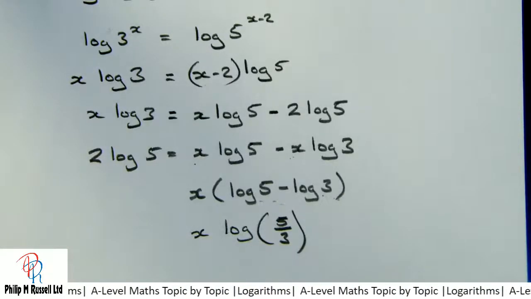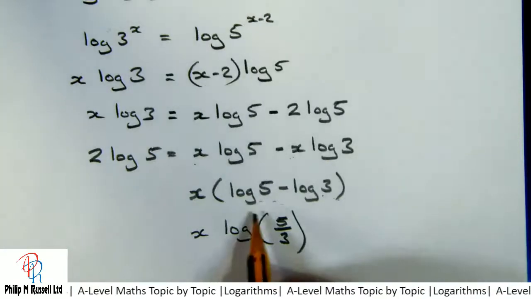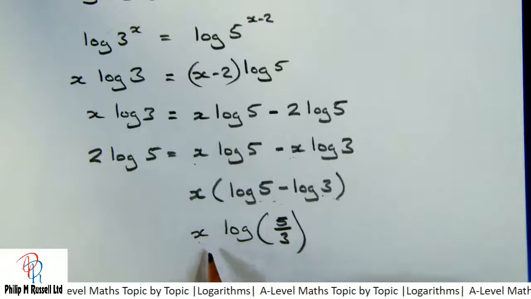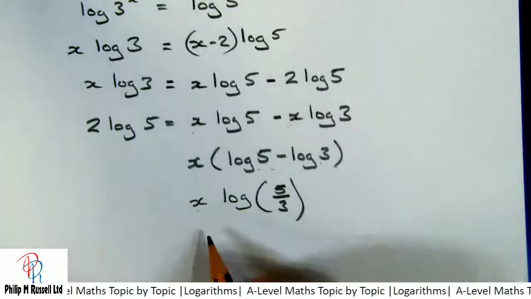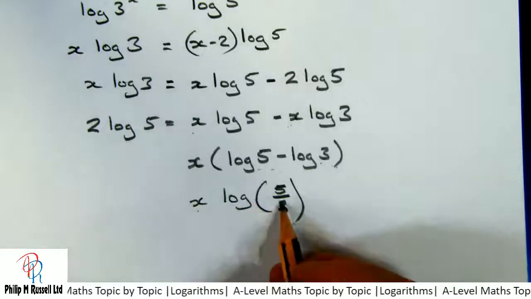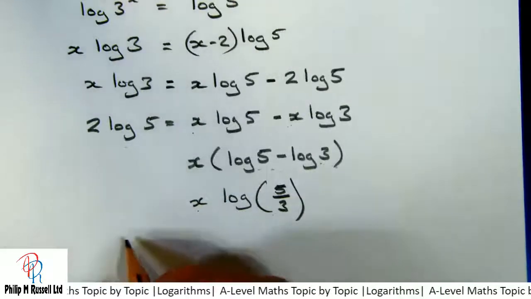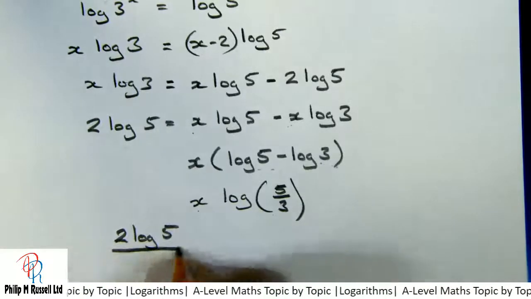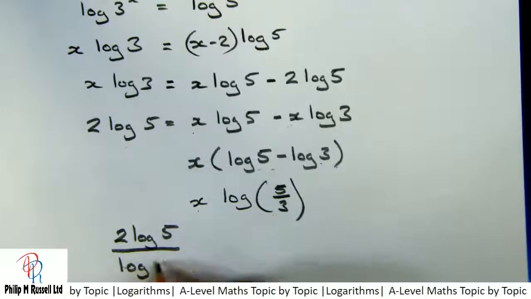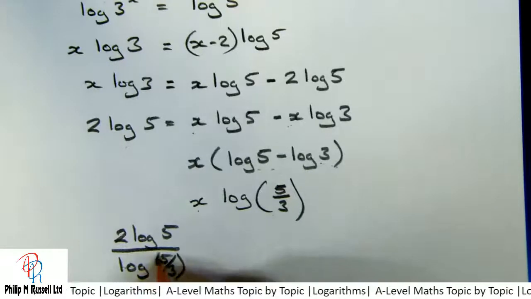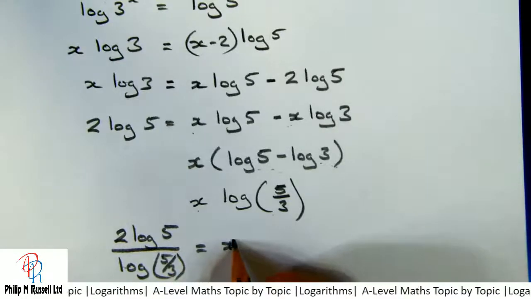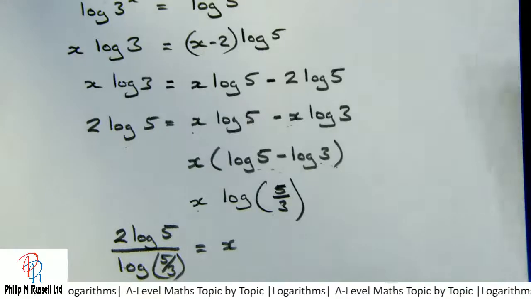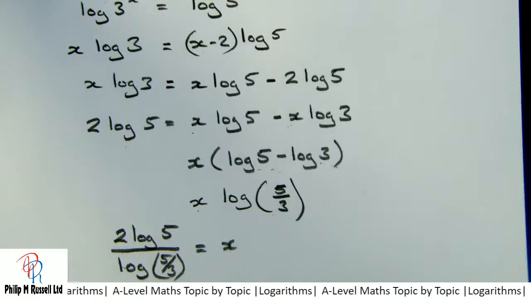And we can look that up in the calculator. Or we can rewrite this now to get what my x is, and my x is simply going to be, taking this back over to that side, 2 log 5 divided by log of 5 over 3 equals x, and we've managed to work out how to solve a nasty equation.